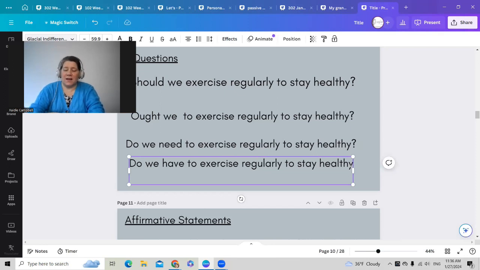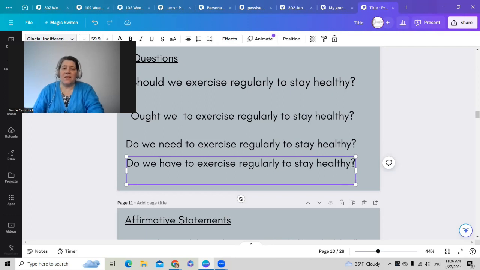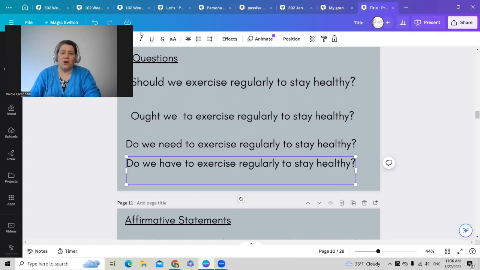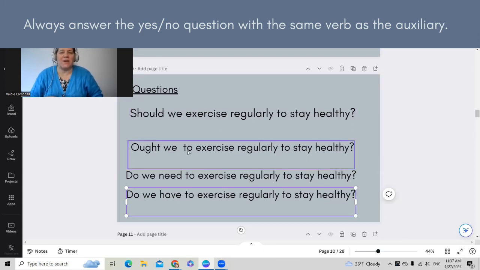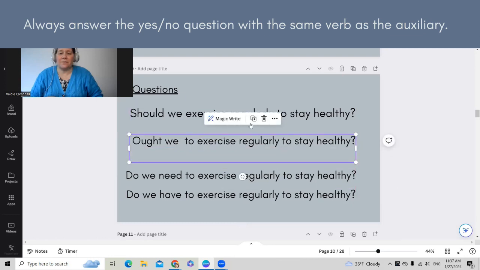And the answers, actually, let's go into the answers a little bit. So, for should we exercise regularly, the answer is yes, we should. Ought we to exercise regularly? Yes, we ought to, or yes, we oughta. Okay, let me write those down.